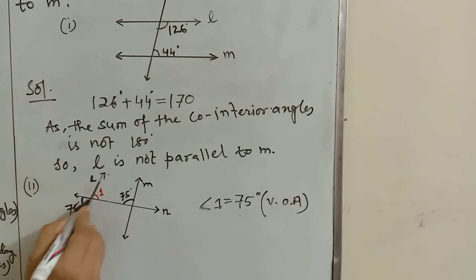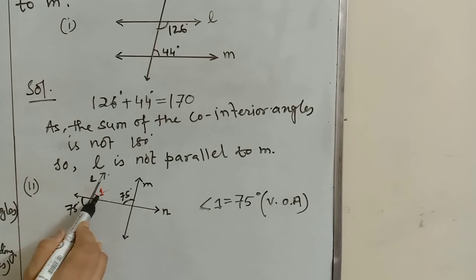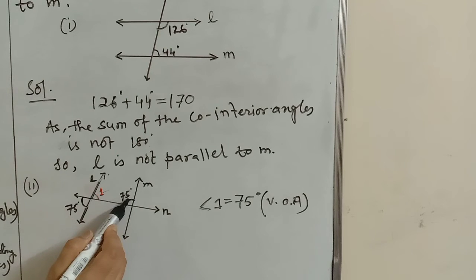You can see that they are vertically opposite angles to each other. Now, the condition of these two angles, they are in the position of interior angles on the same side of the transversal, which is known as co-interior angles, consecutive interior angles.